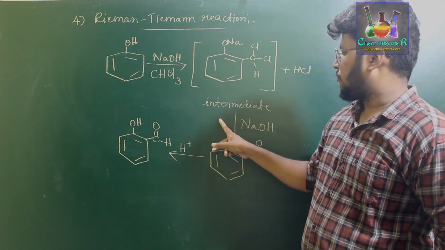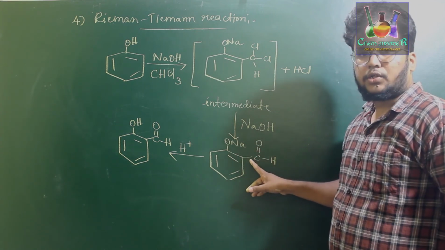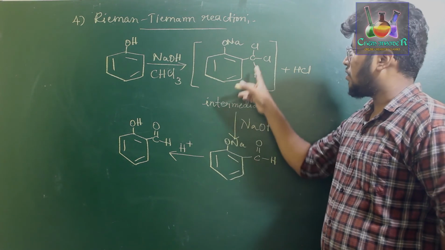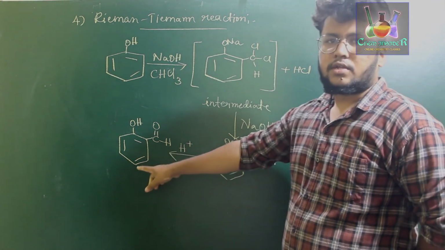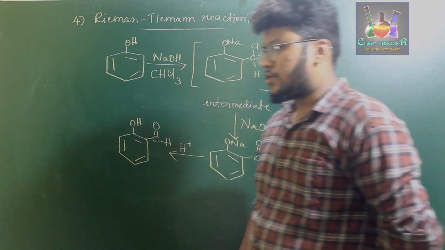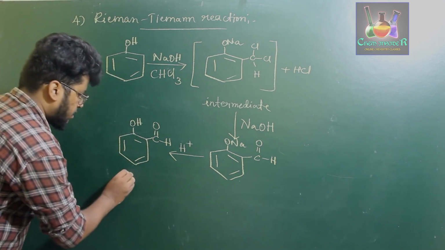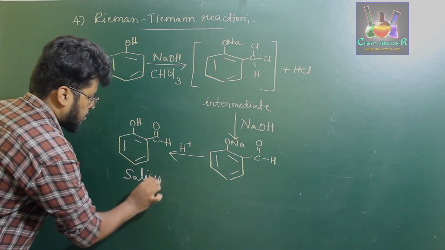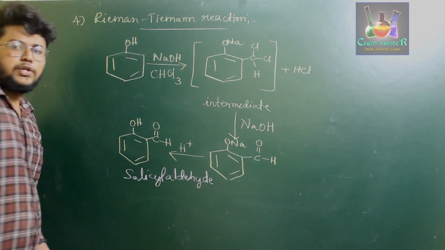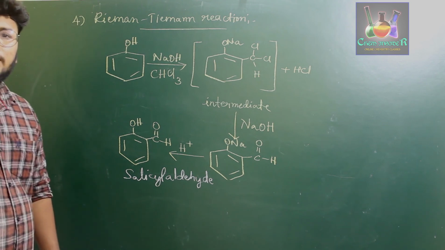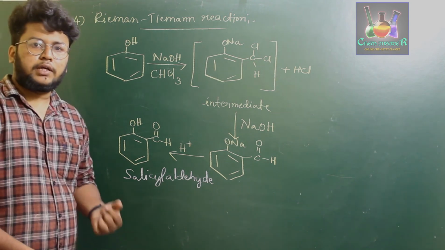This intermediate on further treating with sodium hydroxide forms an aldehyde group at the ortho position because of the loss of 2 Cl atoms present there, which on hydrolysis gives us salicylaldehyde, which is also called 2-hydroxybenzaldehyde. This particular process is called the Reimer-Tiemann reaction.